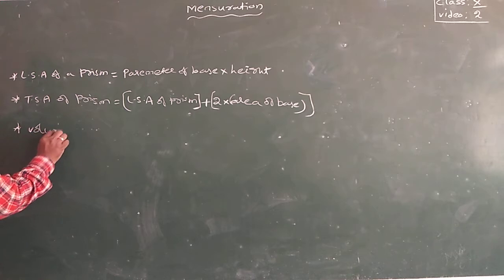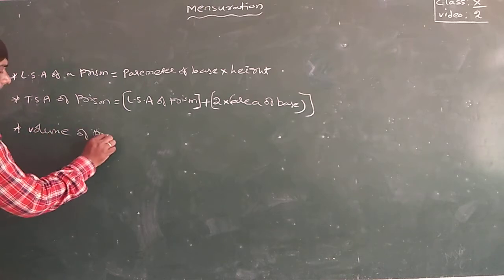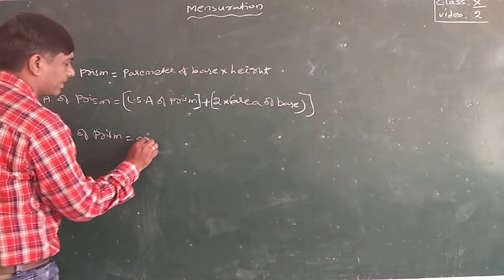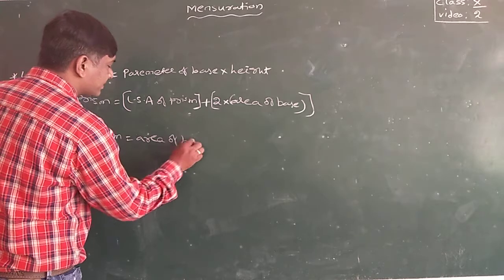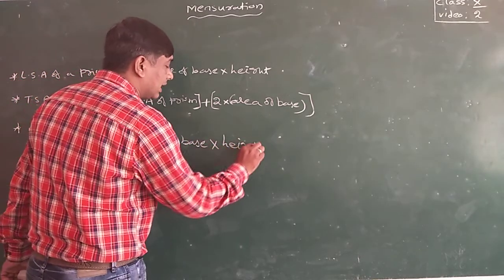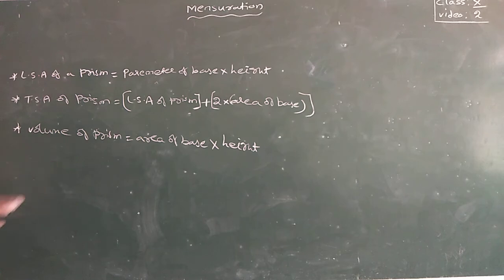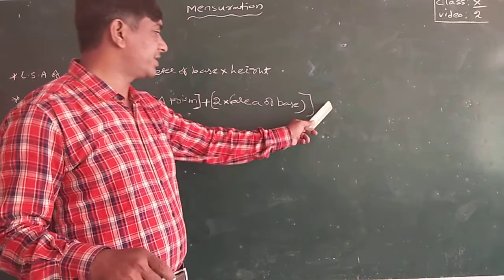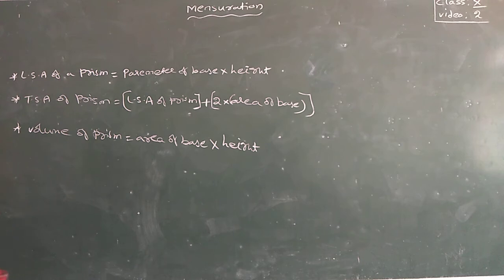Volume of prism is area of base into height. Always remember lateral surface areas will be in square units and volume will be in cubic units. Whether I write it or not, remember this is square units, this is cubic units.